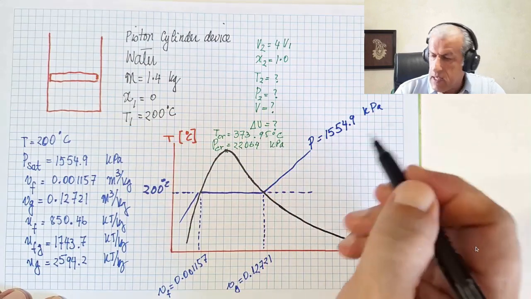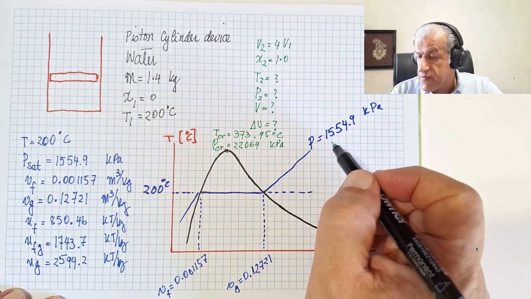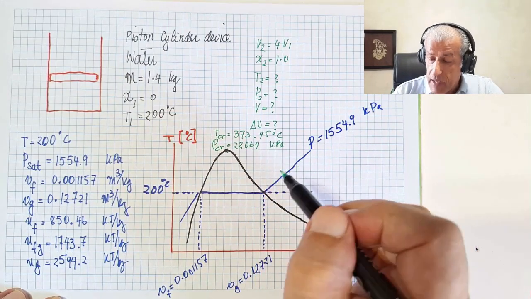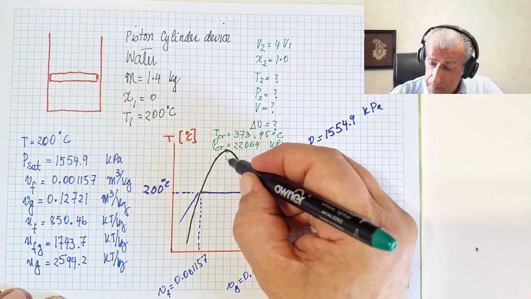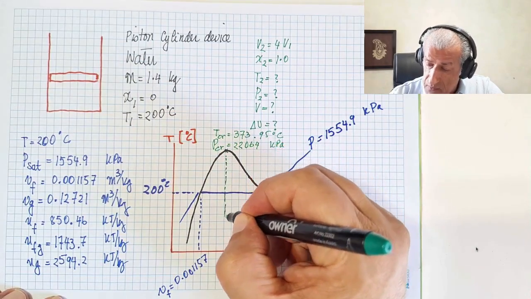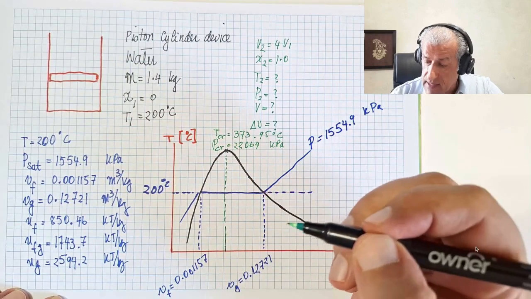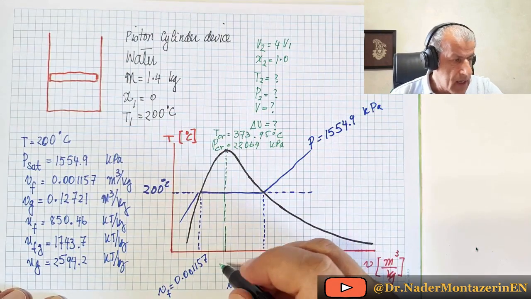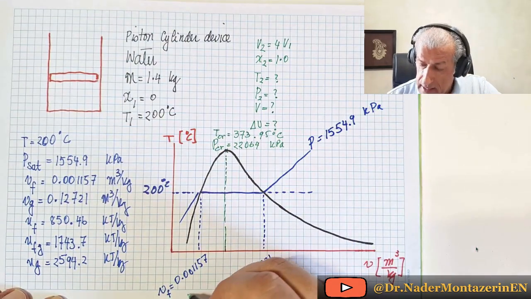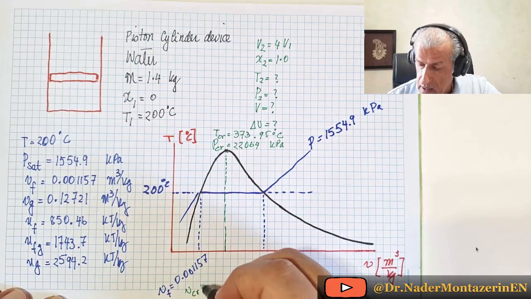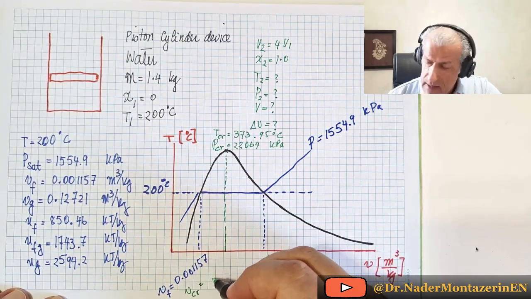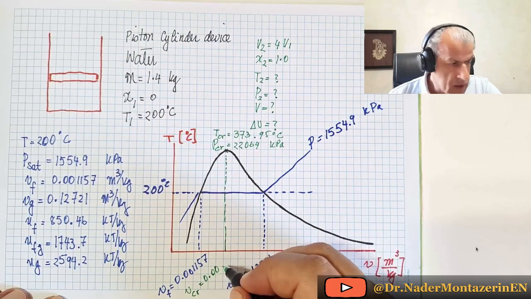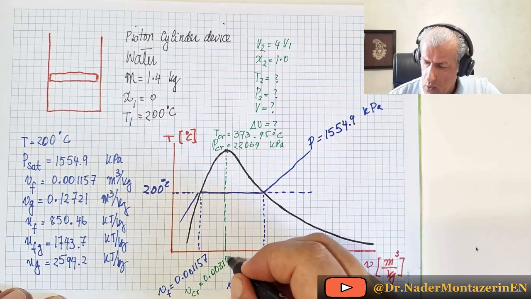So this is 1554, this is 22064. Now, an interesting piece of knowledge from the table is the specific volume at this point, and that is V critical equals 0.0031104.